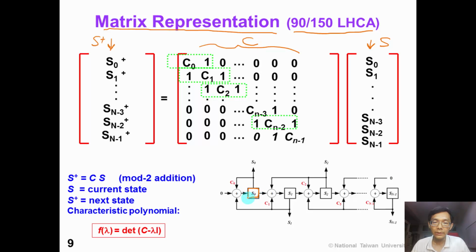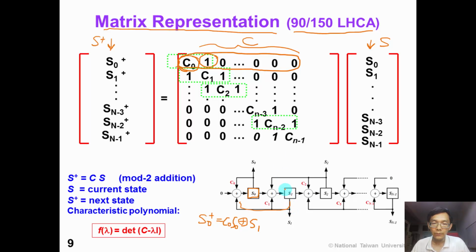For cell S0, we know that the next state of S0 is equal to S1 inclusive or C0 S0. So in the first row, we have C0 as the first element and 1, which is the second element.